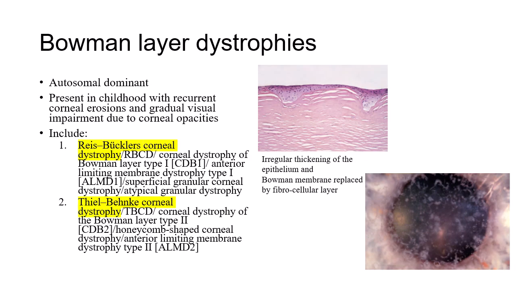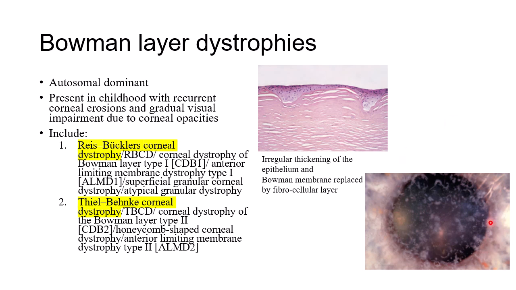Coming to Bowman's layer, which is the next layer, these dystrophies are usually autosomal dominant, present in childhood, again with recurrent corneal erosion and varying degrees of corneal opacities. There are two very important main dystrophies, that is the Reis-Bücklers corneal dystrophy and the Thiel-Behnke corneal dystrophy.